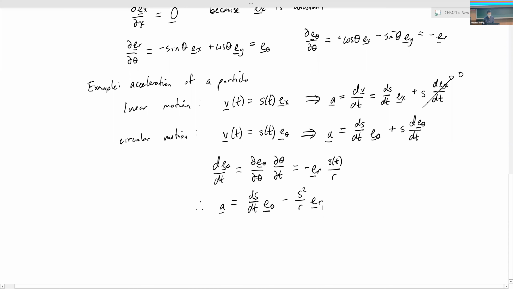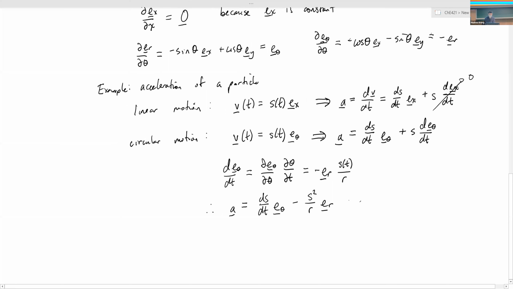Now, if my particle is actually changing its speed, then you have this additional component here. And so just by showing stuff in cylindrical coordinates and taking a couple derivatives, you've already derived centripetal acceleration right here. So this guy right here, let me just write down, is centripetal acceleration.